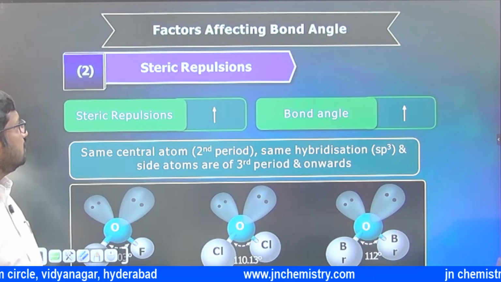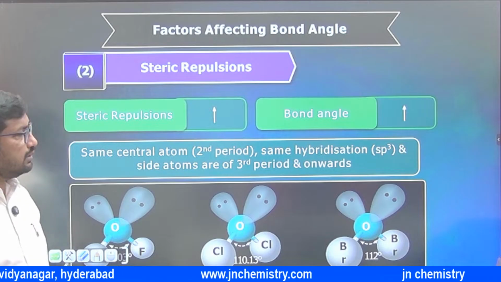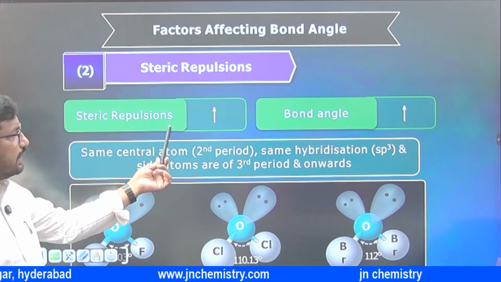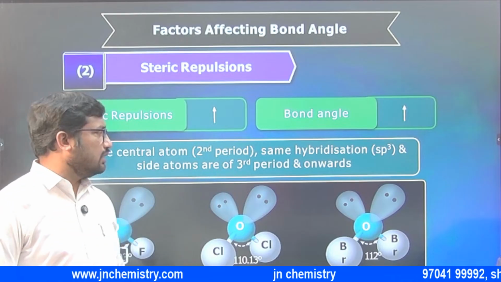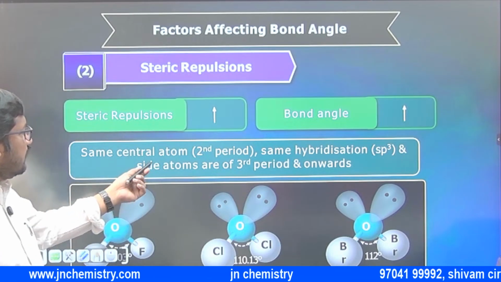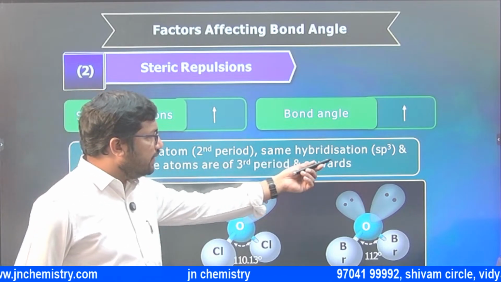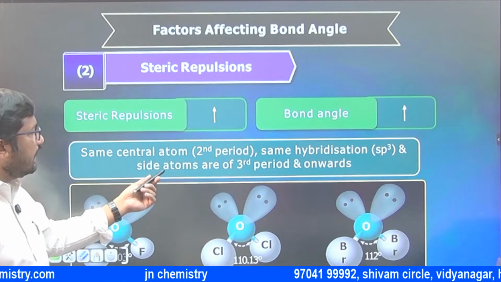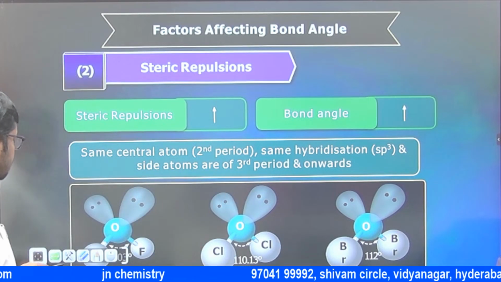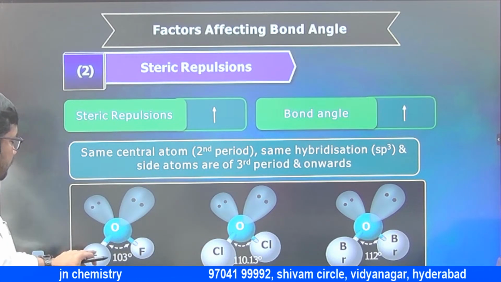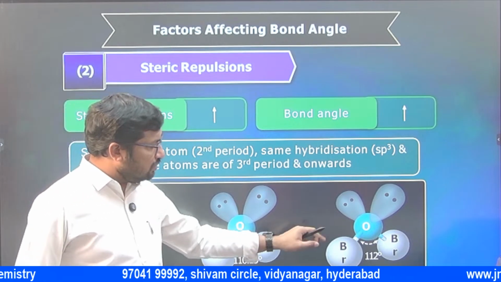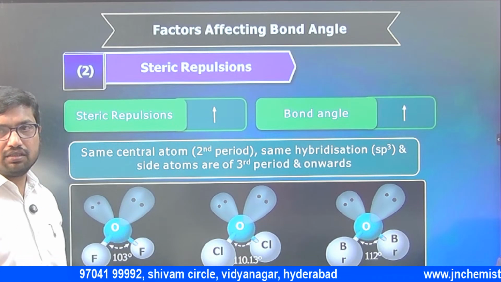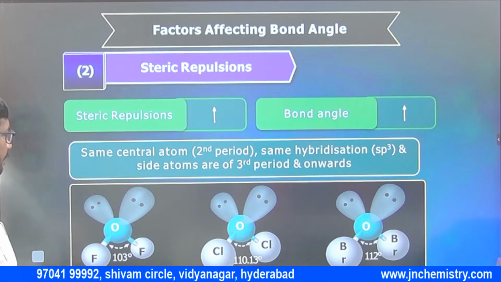Next one, steric repulsions. The second one is, as steric repulsions increase, the bond angle also increases. Same central atom in the second period, same hybridization, the side atoms in the third period, like this. So this is important. For example, OF2, OCl2, OBr2.